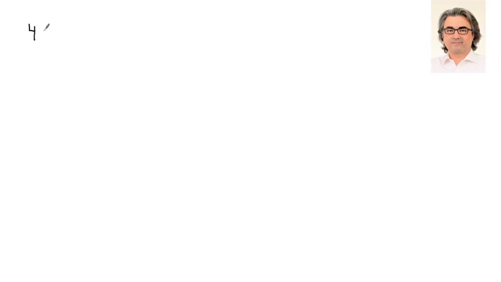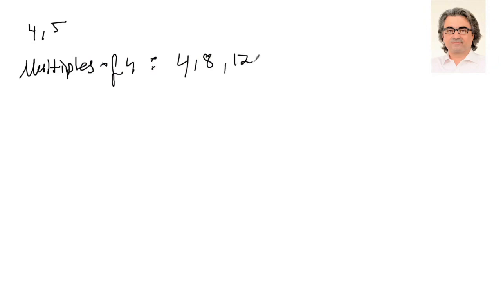Find the least common multiple of 4 and 5. Now let's find the multiples of 4. 4 times 1 is 4. 4 times 2 is 8. 4 times 3 is 12. After 12 comes 16. After 16 comes 20, 24, 28, 32.